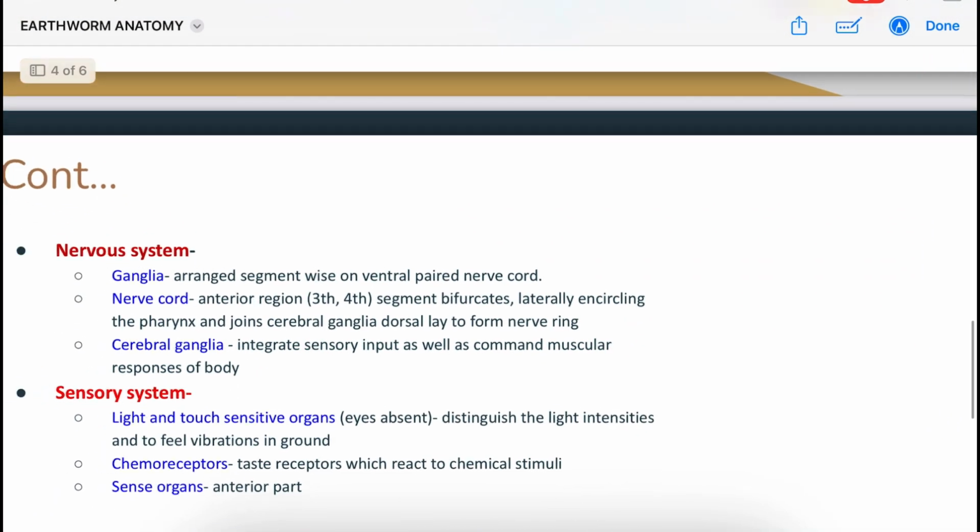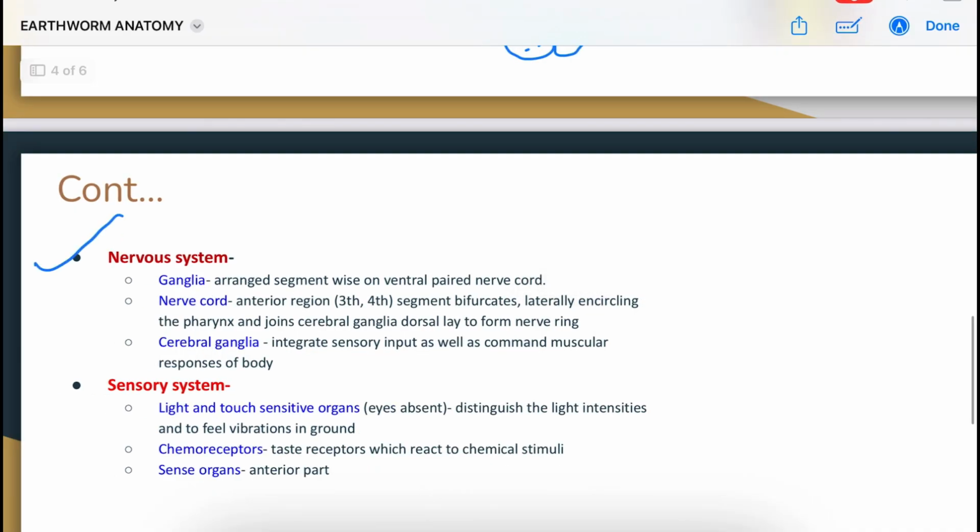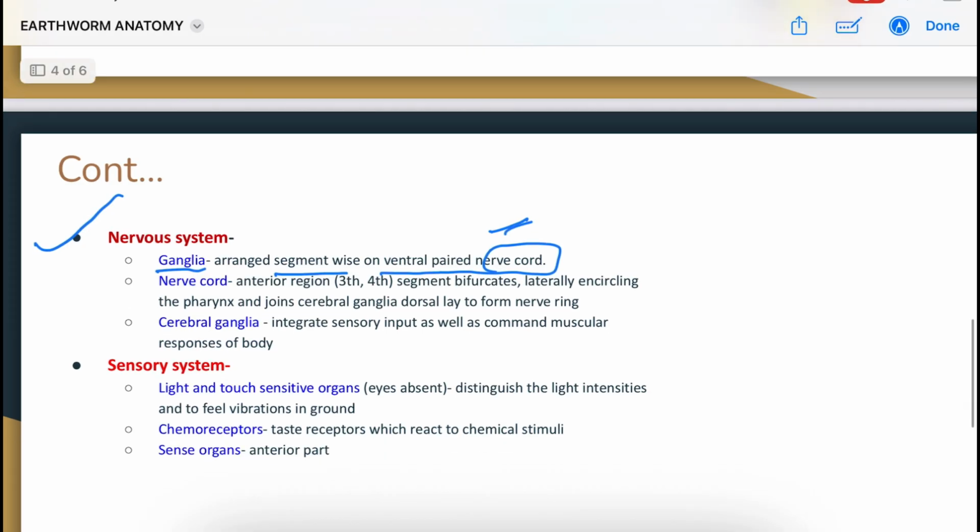Next is nervous system. In the nervous system, ganglia is present segment wise on the ventral paired nerve cord. Basically on the ventral side there is a ganglia present in the nerve cord. Okay. Nerve cord कहाँ present है?